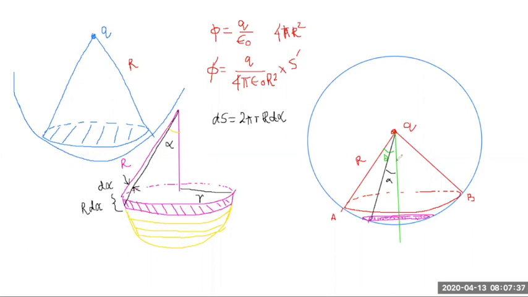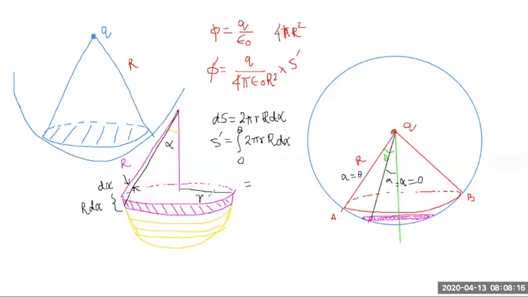What is the limit? Check this figure out. In the bigger circle where the whole sphere is drawn, alpha starts from here, alpha equal to 0, and at the end alpha equal to theta. So S dashed will be the integration of 2 pi small r capital R d alpha, where the limit runs from 0 to theta.